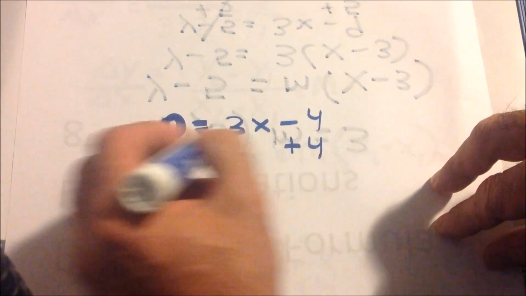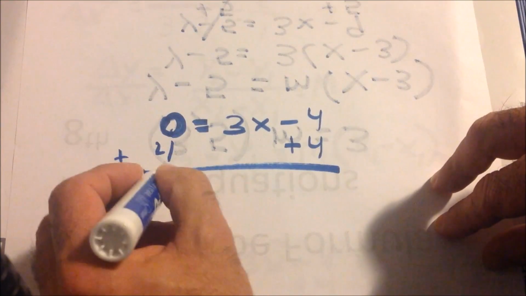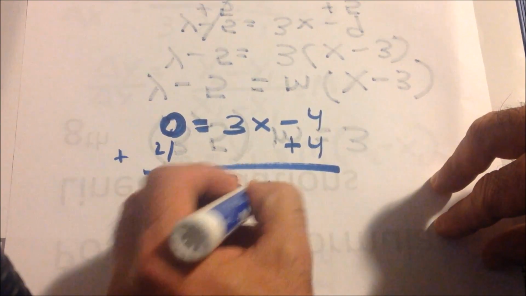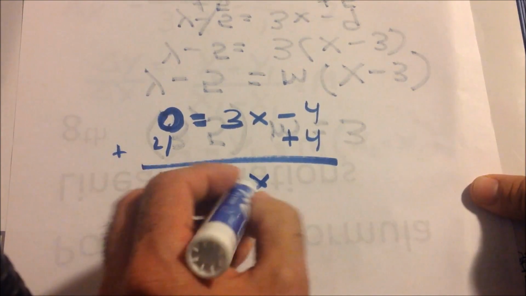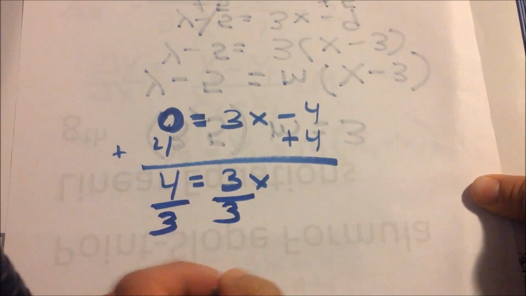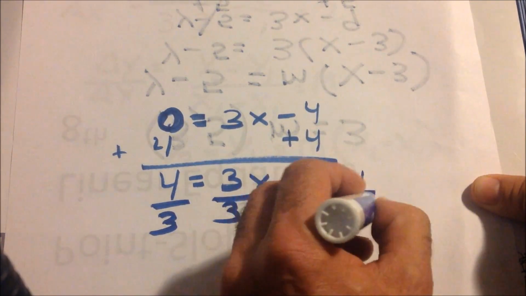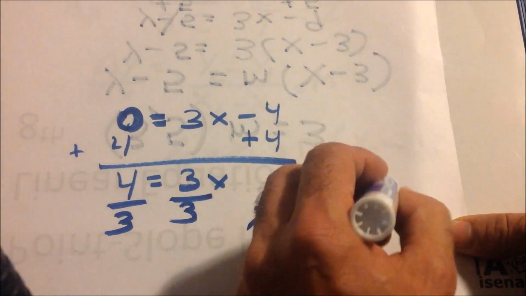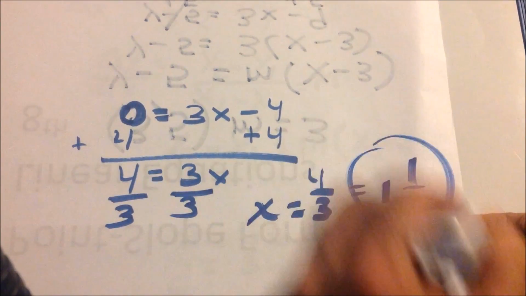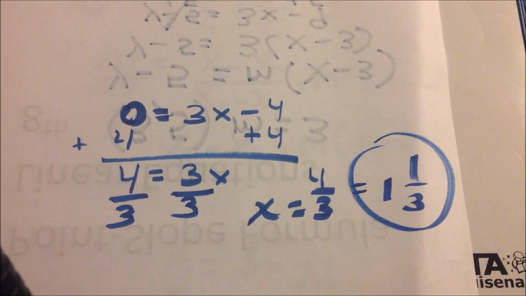We add 4 on both sides. Okay, divide out 3. So the x-intercept will be 4/3, or we can say 1 1/3. Of course, we've done videos on the x-intercept, so you should go over that if you didn't understand that.